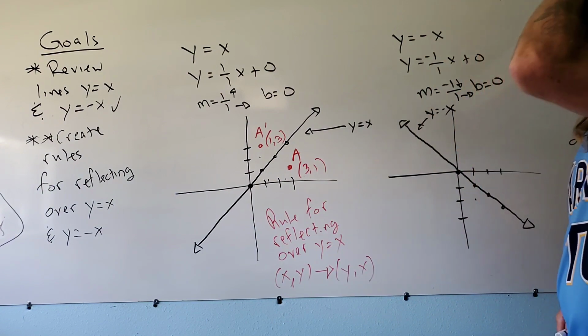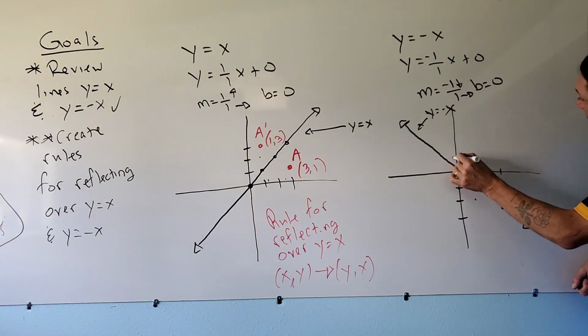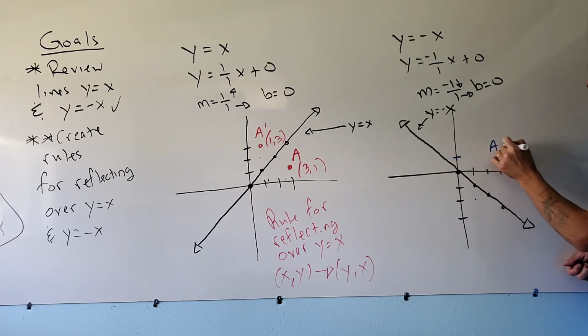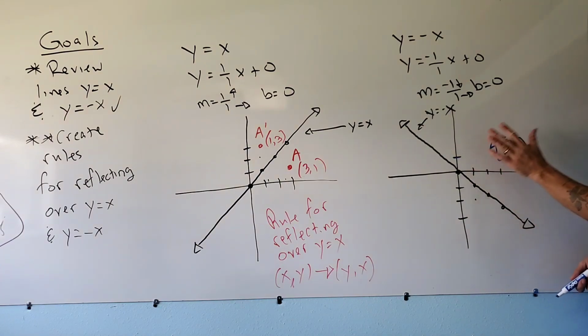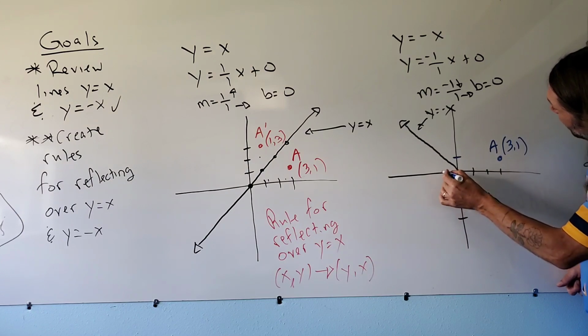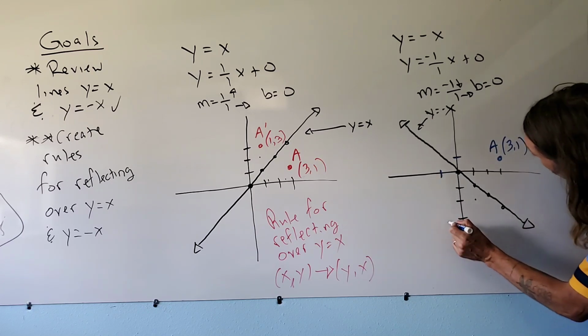So let's use our same starting point. We'll use 3, 1. And if I was to fold this over y equals negative x, we would see that it would actually land right here.